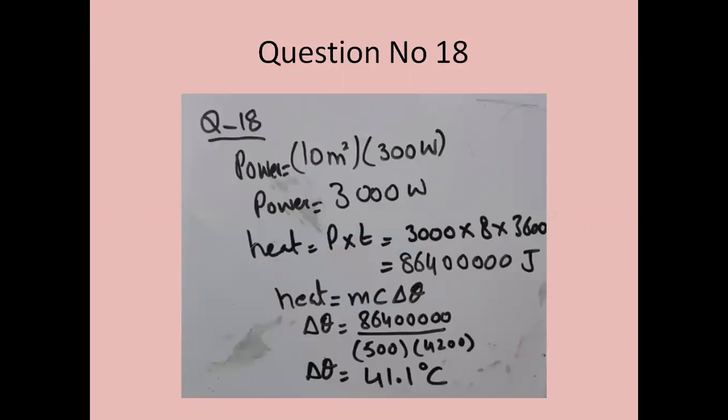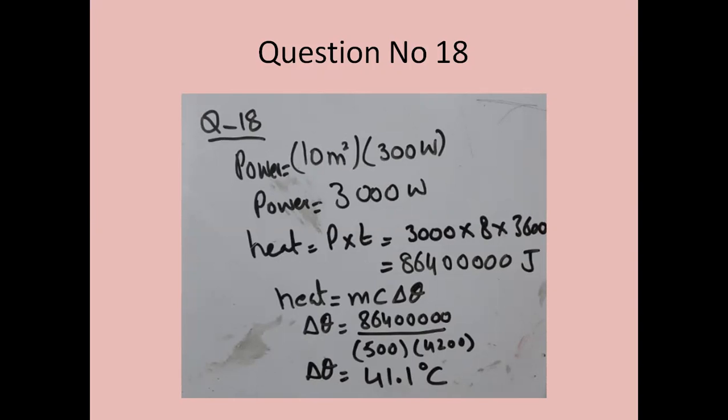The power produced will be: 1 meter square produces 300 watt, so 10 meter square will produce 10 multiplied by 300, that will be 3000 watt. Heat produced will be power multiplied by time, but the time must be taken in seconds. So 3000 power multiplied by 8 hours multiplied by 3600, because I want to convert hours into seconds.